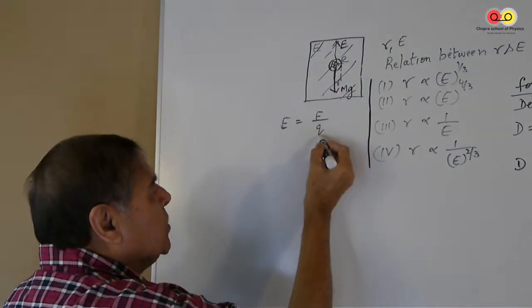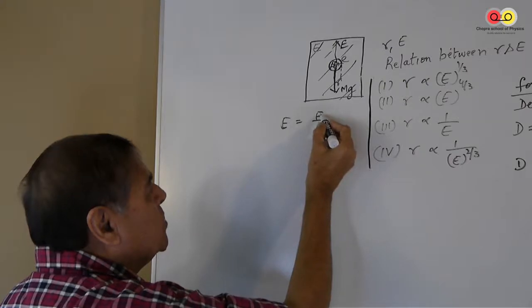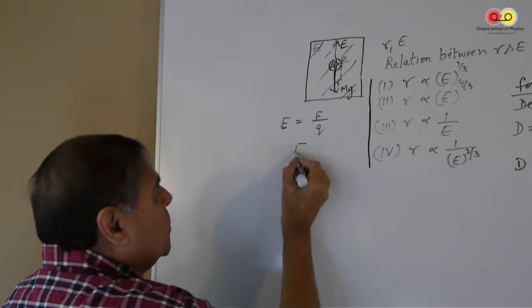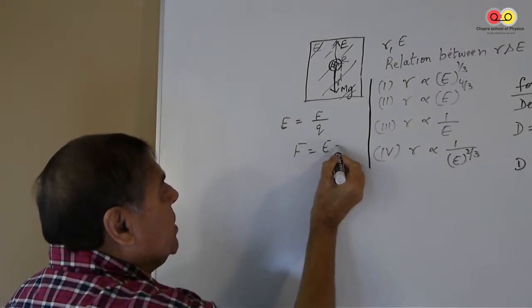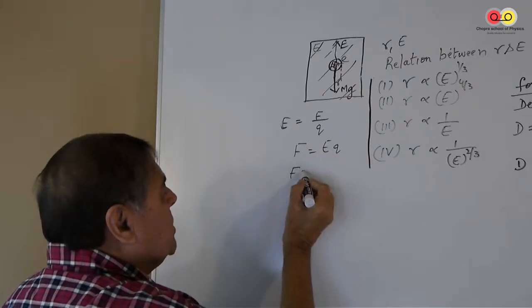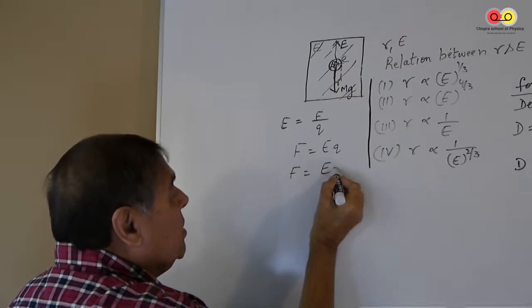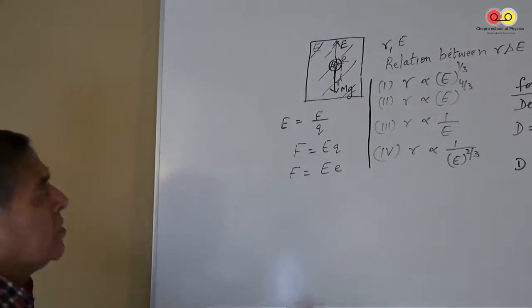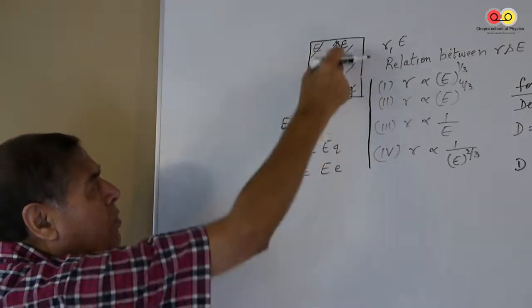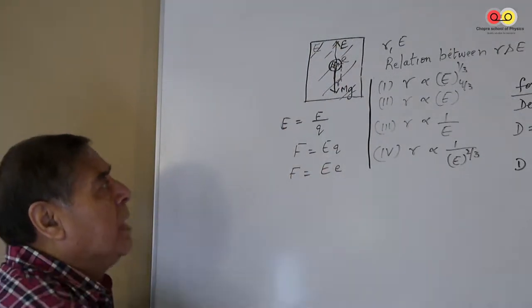What is F? Force, Q is charge. So electric field is force by charge, or force is EQ. Because the charge on the drop is not Q, it should be taken as e.